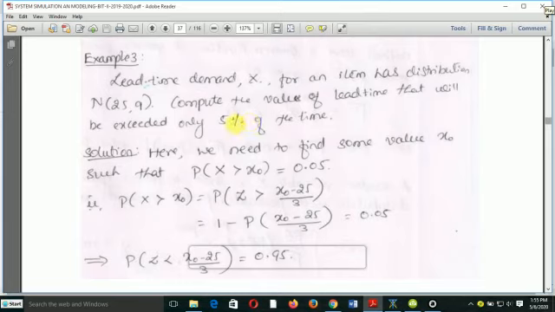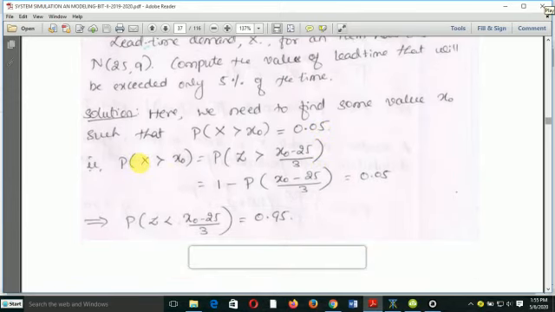So how to calculate this? Here we need to find some value x0 such that P(X > x0) is equal to 0.05.